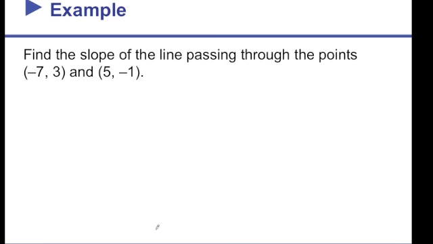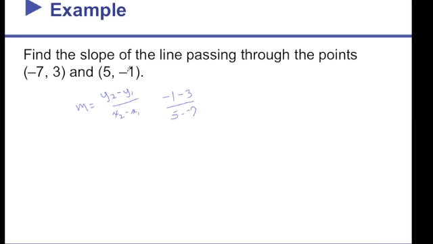Now we need to find the slope of this line. So remember, the slope is (y2 - y1) over (x2 - x1). So if we take these as our 2 points, we'll have (-1 - 3) over (5 - (-7)).